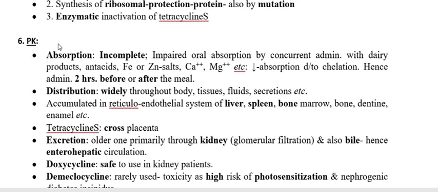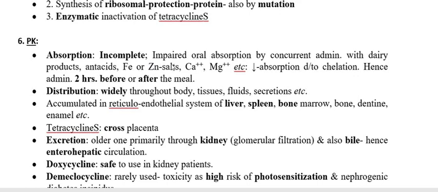When we administer the drug by oral route, the absorption is usually incomplete, particularly in ruminants, and is also impaired if there is any divalent or trivalent ion or antacid within the GI tract.